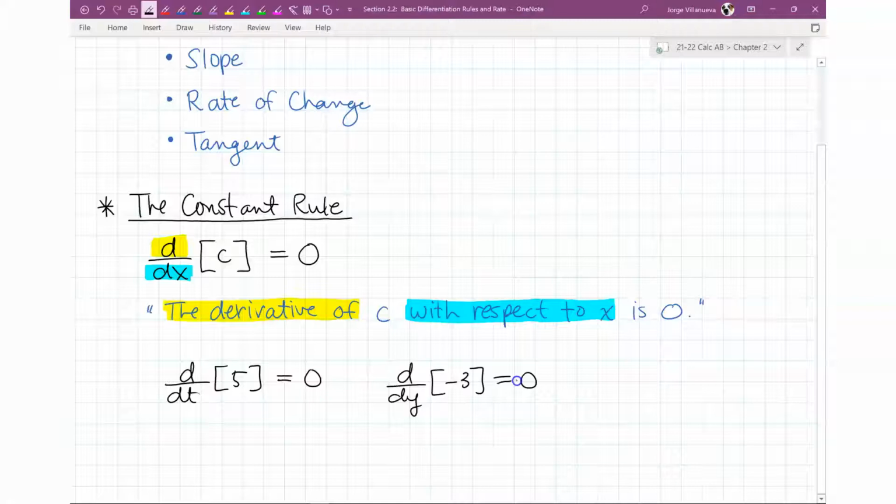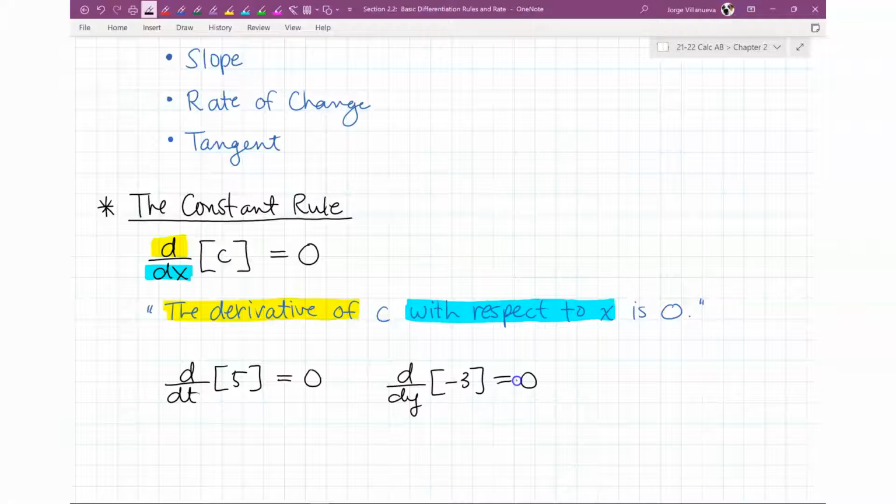Okay? Why is that? Well, if derivative means slope, right? Derivative means slope. And I want you to take the derivative of a function 5, like y equal to 5. What does the graph of y equal to 5 look like? Say it louder. A straight line, horizontal or vertical? Horizontal. What's the slope of a horizontal line? 0.